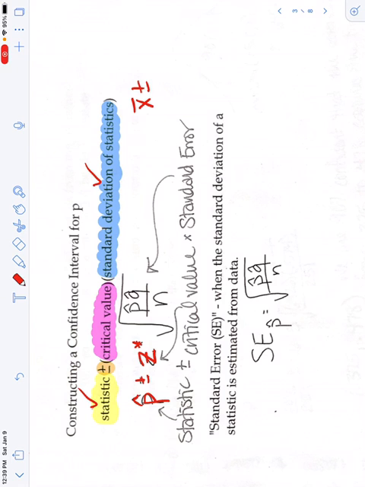for proportions, your standard deviation is the square root of pq over n. However, please make sure you see that these particular p's and q's have hats on them. Again, you don't know p. You don't have population information.